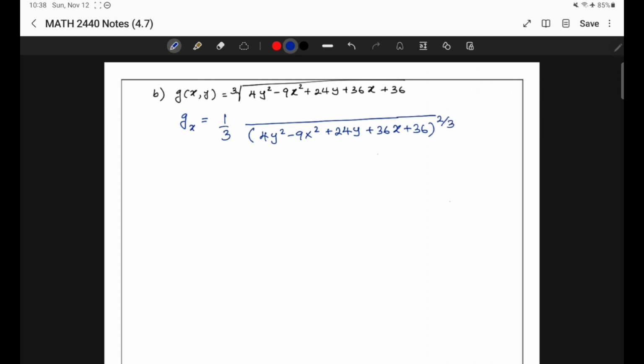So in the denominator you have this term. On the numerator you have the derivative of the inside with respect to x. So it's negative 18x plus 36.